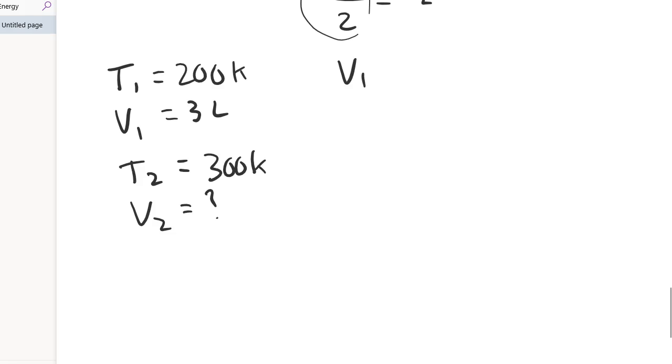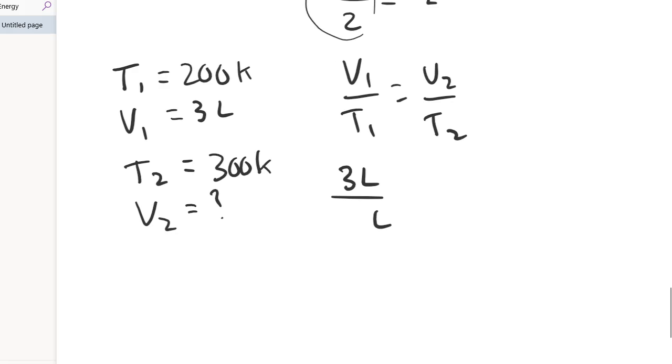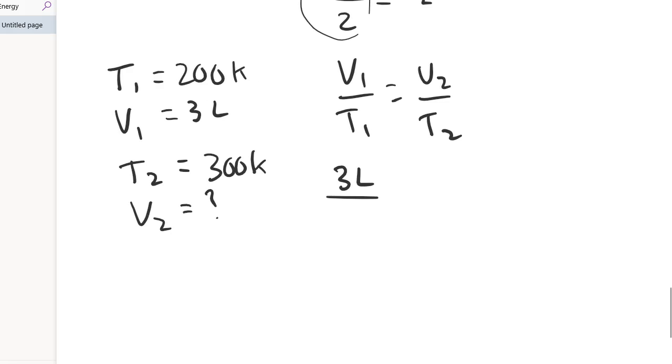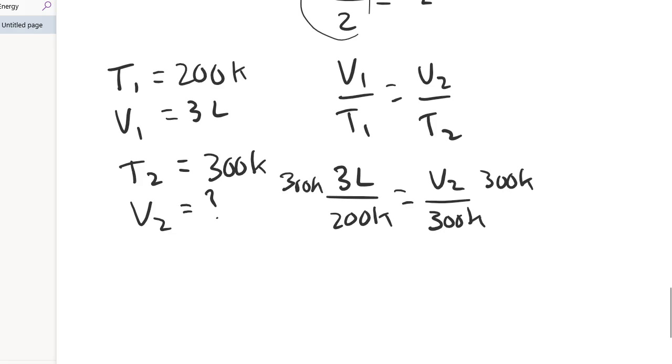Well, we do our same equation, V1 over T1 equals V2 over T2. And so we have V1 of 3 liters. T1 is 200 Kelvin. Our second volume is just volume 2, and the temperature changed to 300 Kelvin. Well, let's solve for volume 2 by multiplying by 300 Kelvin on both sides.